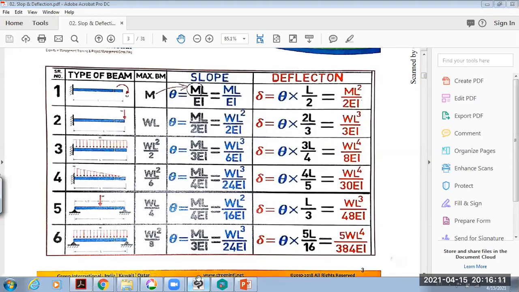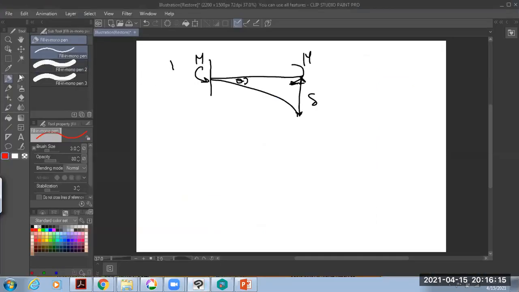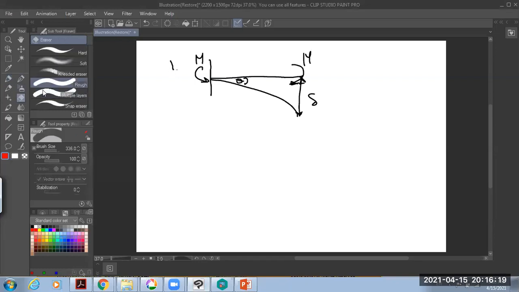I will give you a very small, very beautiful hint about the moment of inertia, so you don't need to memorize everything.